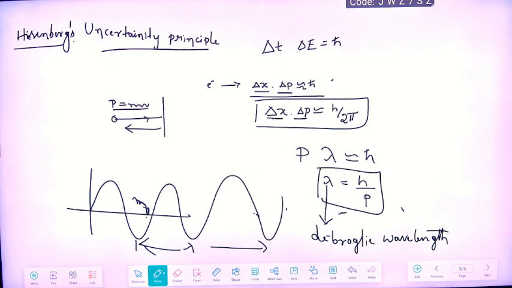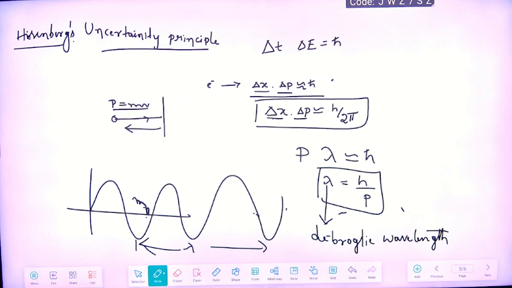So lambda is equal to h by p. De Broglie wavelength is equal to h divided by the momentum of the particle. So every particle gives a wavelength, lambda. That means a particle also behaves like a wave. That's what he is telling.